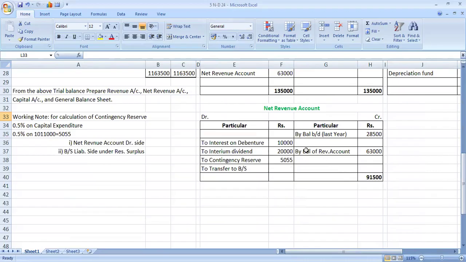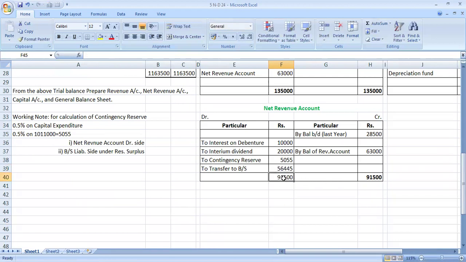Now I am closing net revenue account. Credit side is 91,500 less debit side. The difference is 56,445.